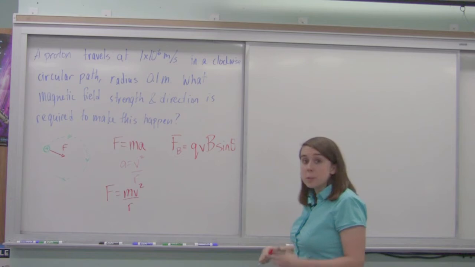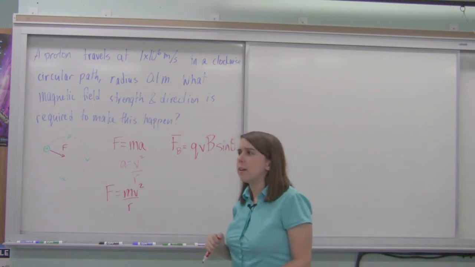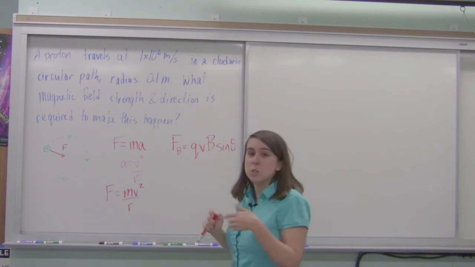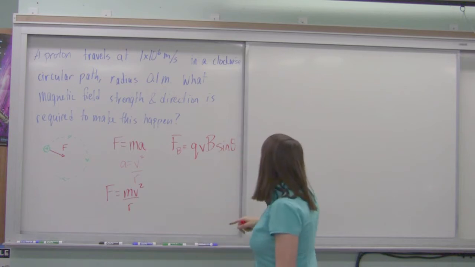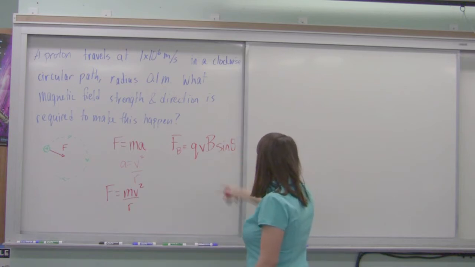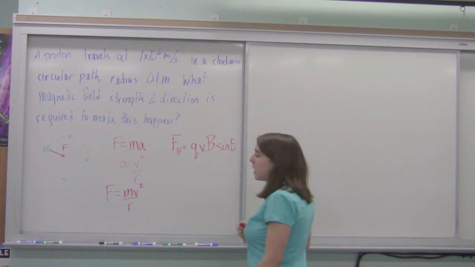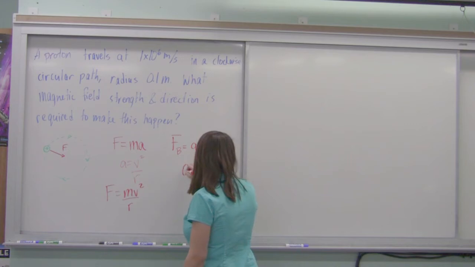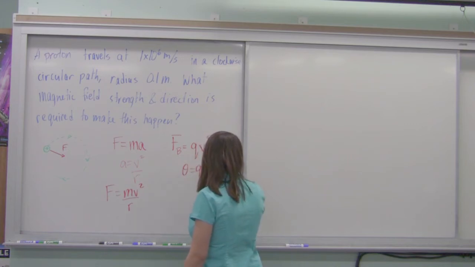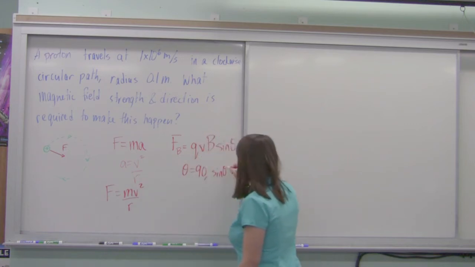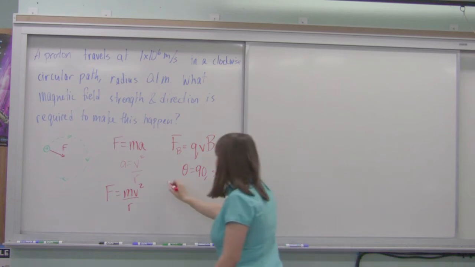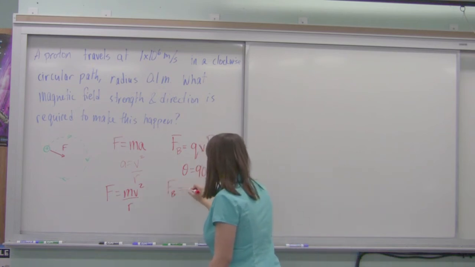The cool thing about this problem is whenever you have something like a charged particle moving in a circle in a magnetic field, if it's not spiraling or anything like that, you know that theta is going to be 90. So we don't even have to worry about this. Theta is equal to 90, so sine theta is equal to 1. All right? Which means that F_B is just qvB.